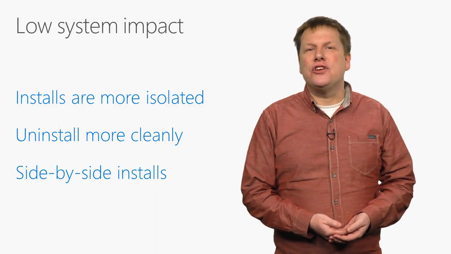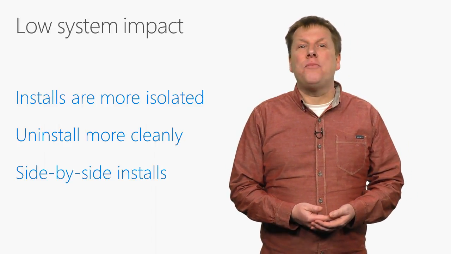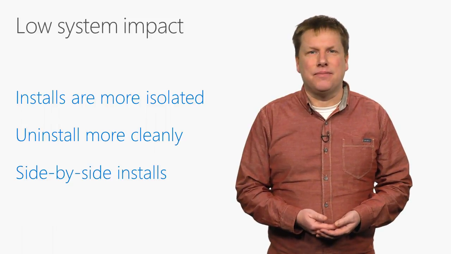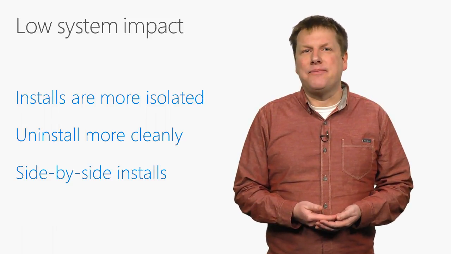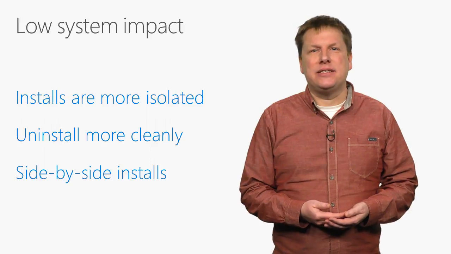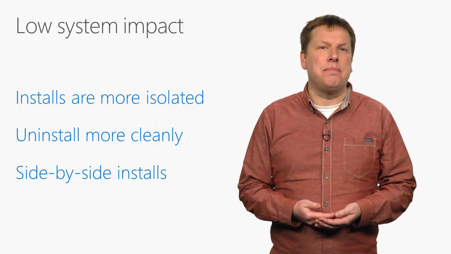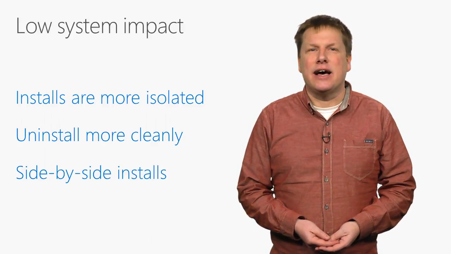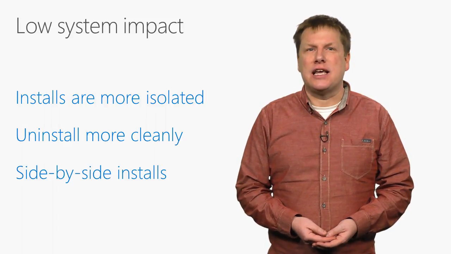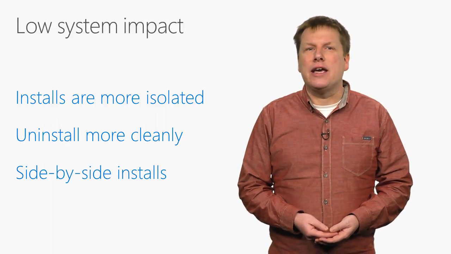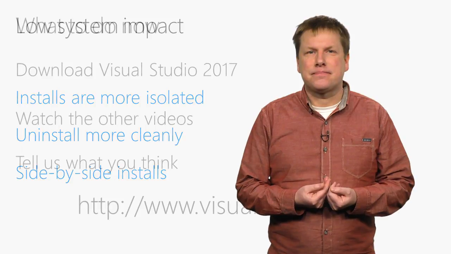As a result, Visual Studio installs are now far more isolated from the rest of the system. They uninstall more cleanly. And we anticipate you'll be able to trial previews and betas of forthcoming releases side by side with your production installation of Visual Studio without worrying about conflicts between them.